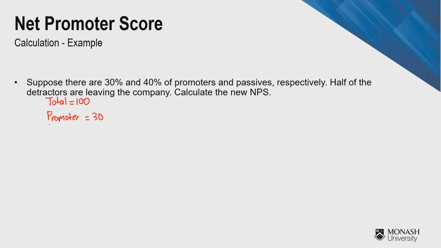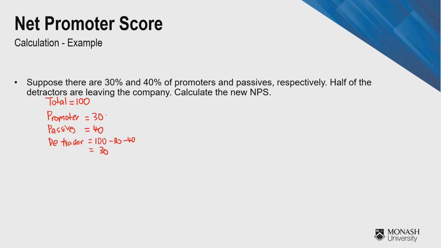And we know that our passive are 40%. Now what is the next one, which is the detractors? Because we need the detractors value to calculate our NPS. So the detractors is basically 100 minus 30 minus 40, which will give me also 30%.